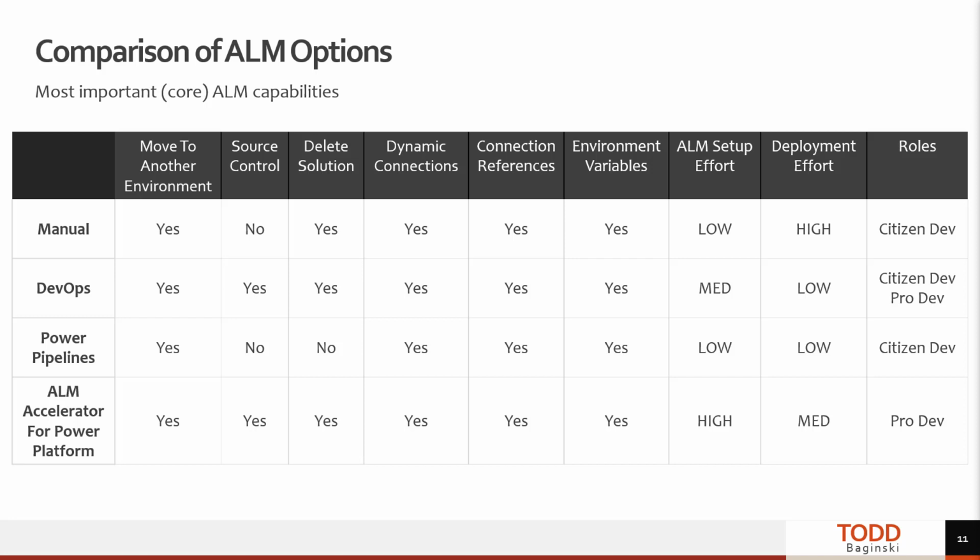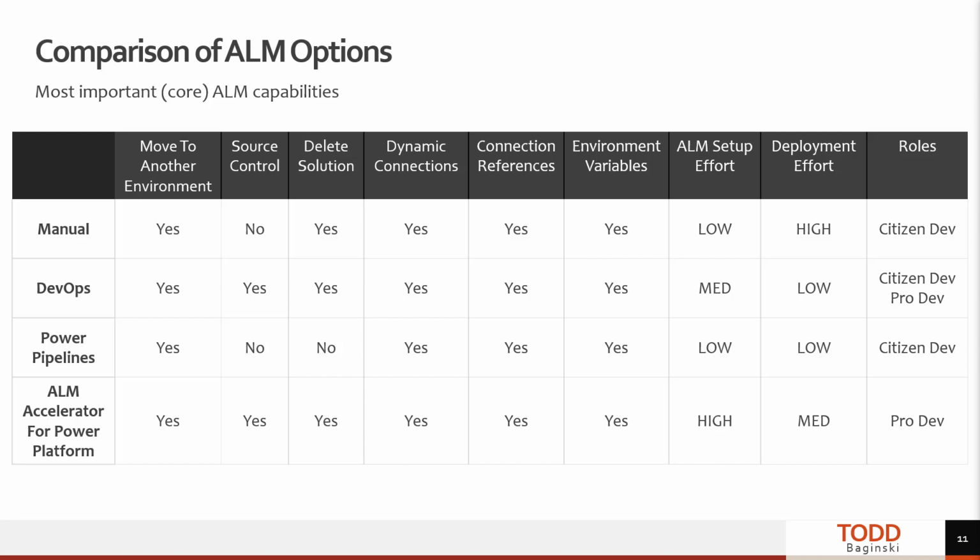By dynamic connections, connection references, and environment variables, what I mean there is if I have a Power Platform solution in a development environment that is connected to different SharePoint lists than it would be when I deploy it to a production environment.